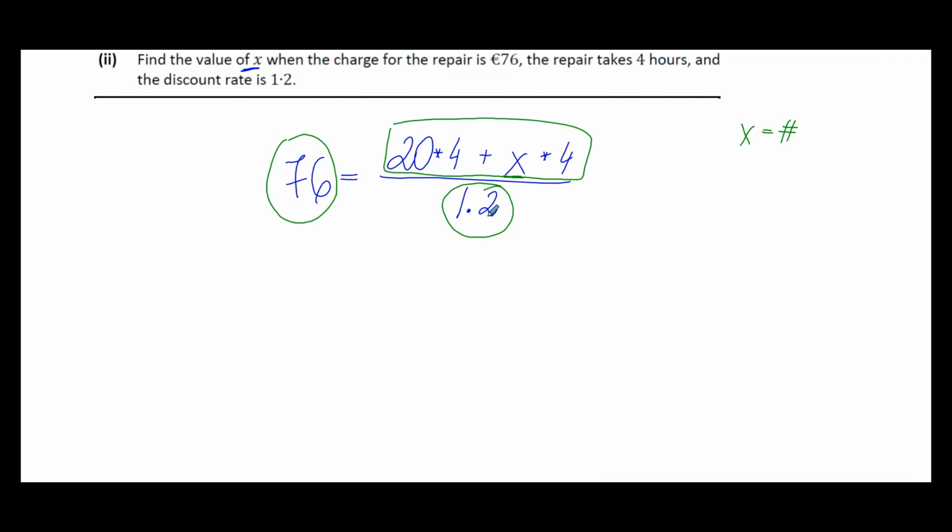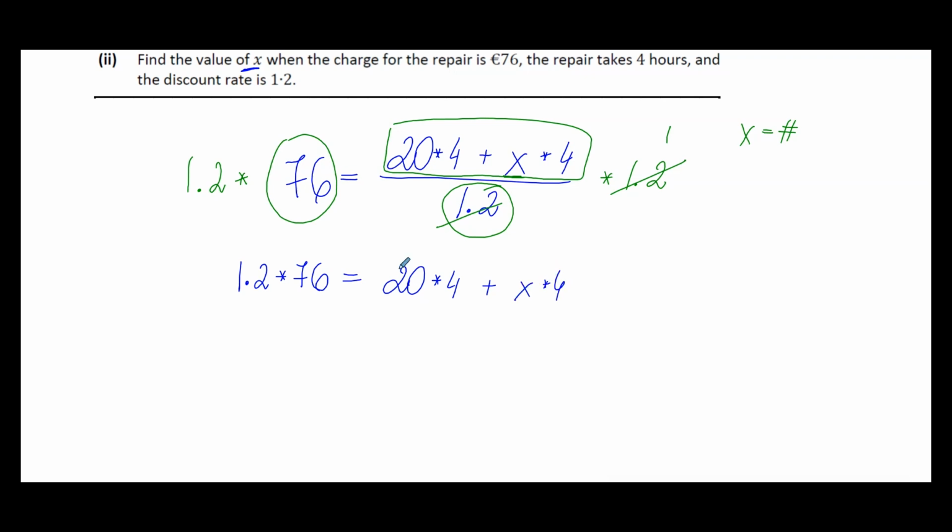How do we eliminate the denominator, the bottom of the fraction? We multiply. And if I multiply one side of the equation, I have to multiply the other side of the equation. So here, 1.2 divided, fraction means divide, by 1.2, that is 1. So on this side of the equation, we have 1.2 multiplied by 76. And on this side, I just have the top of the fraction.